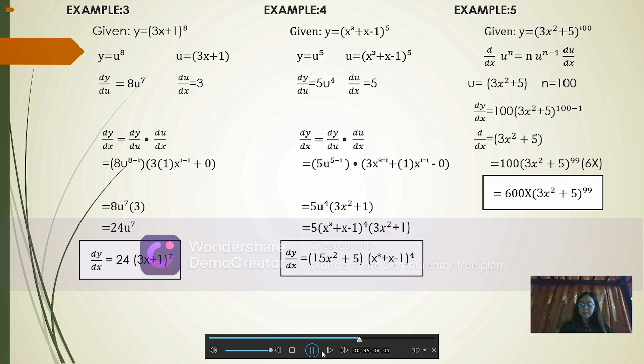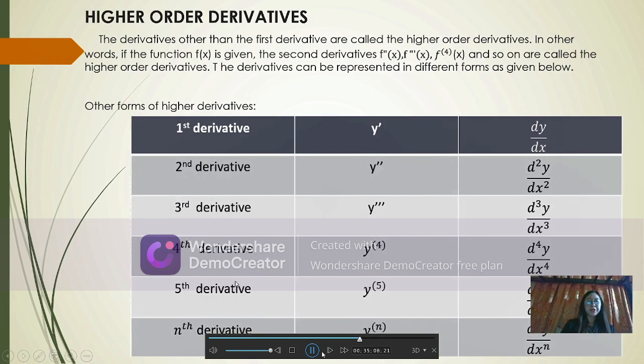So higher order derivatives. The derivatives other than the first derivative are called the higher order derivatives. In other words, if the function f of x is given, the second derivative of x and the third derivative of x and the fourth derivative of x and so on are called the higher order derivatives.